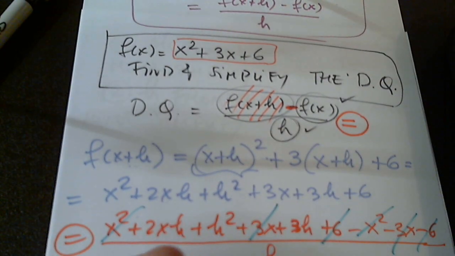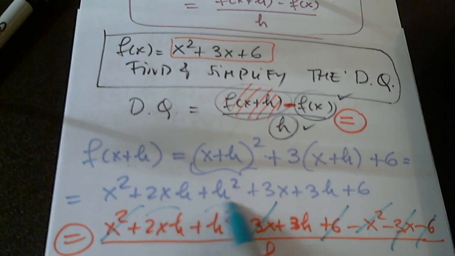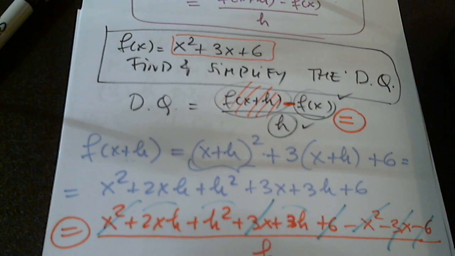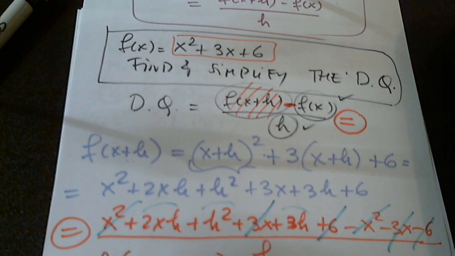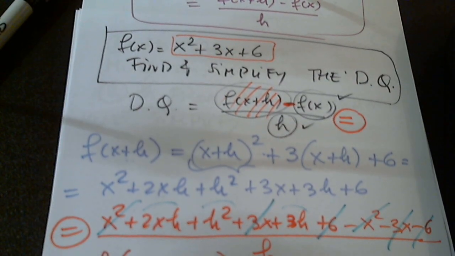Now, these 3 terms have a common factor. Which common factor do I have to pull out from all 3? Oh, sorry, it would be h. Very good. Can you please tell me what is left in parentheses?